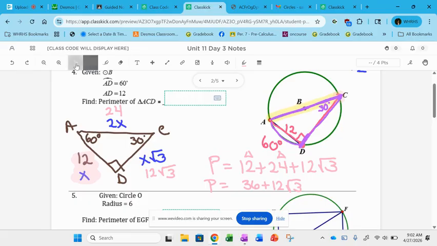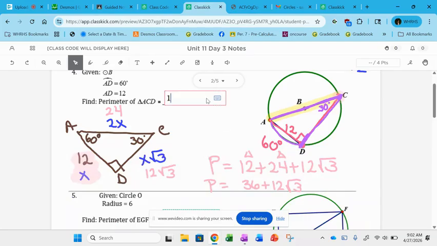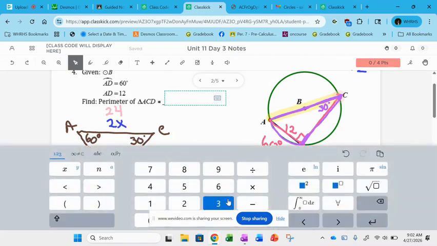So now to type this in, don't click the box at all. Click the typewriter or the keyboard. Click the keyboard, and you're going to say, it wasn't 12. Oh, go back. Oops. We're going to say keyboard 36, and then see that square root all the way to the right.